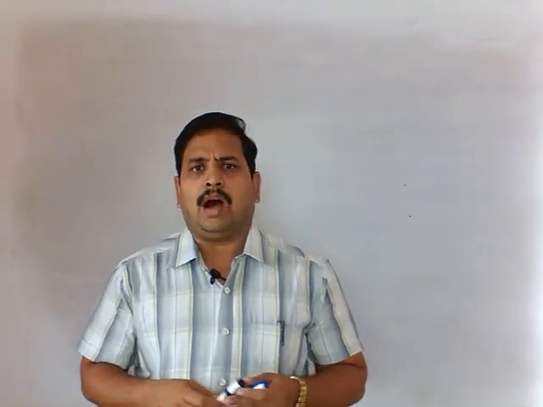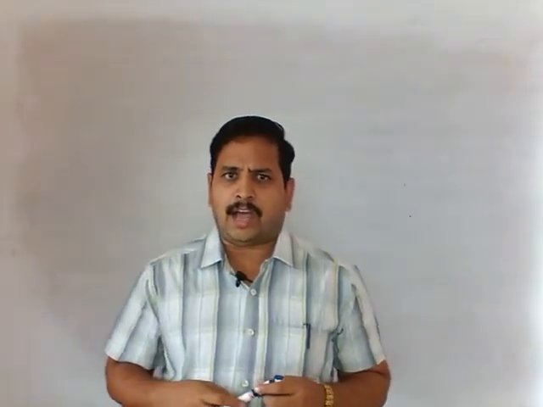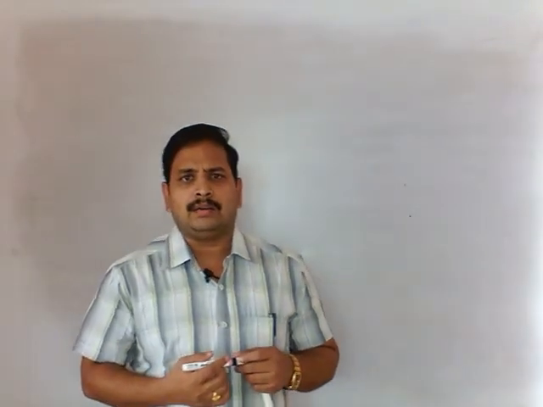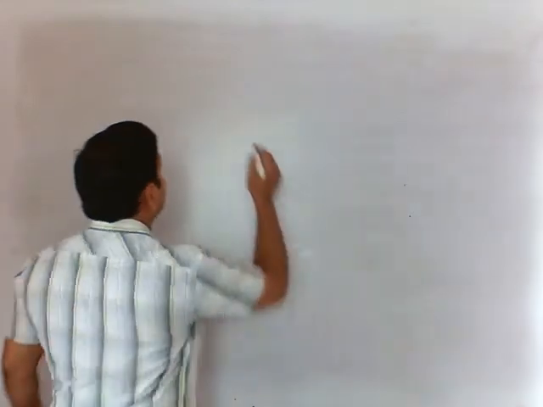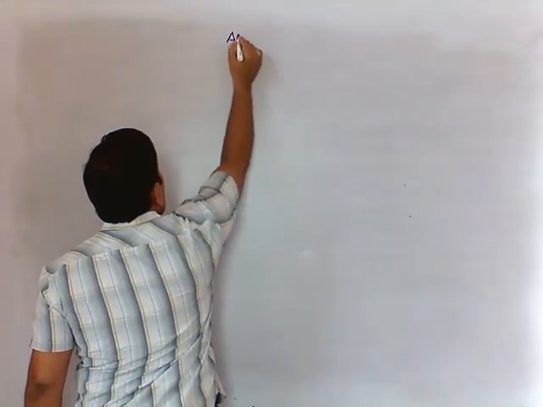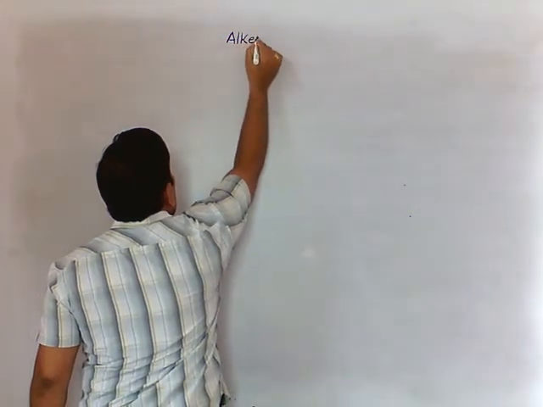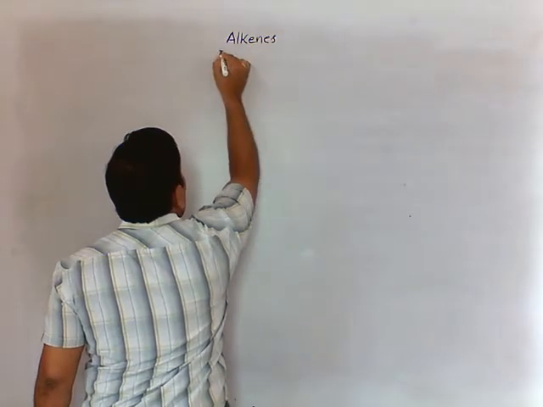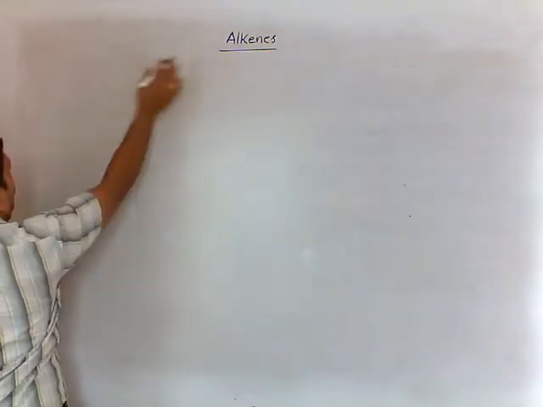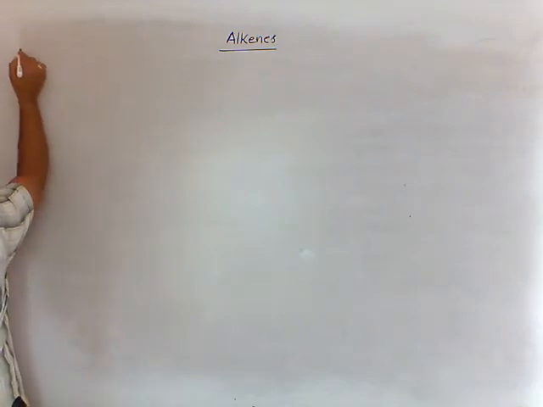Alkenes. Alkenes are unsaturated hydrocarbons containing carbon-carbon double bond. These are unsaturated aliphatic hydrocarbons.